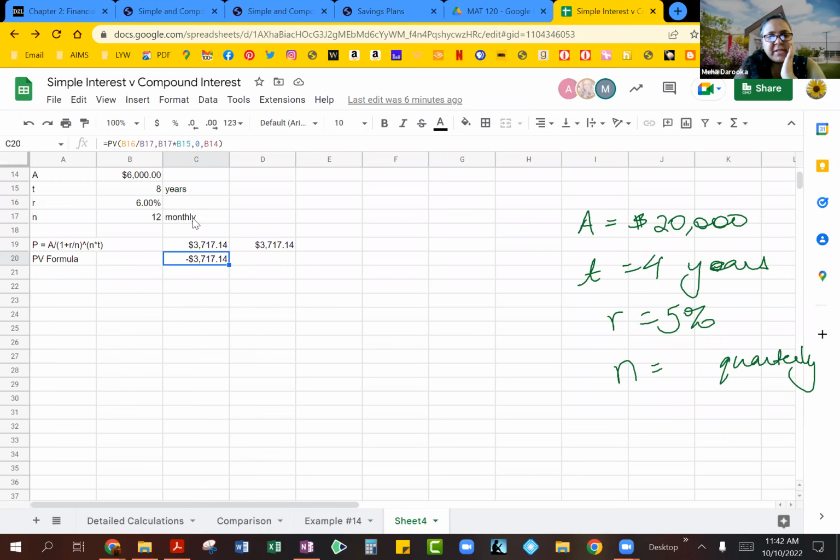Again, remember, you can use the built-in PV formula, or you can type in the answer like we did here: P equals A divided by 1 plus R over N, and then the denominator raised to the power of NT. So either one of these or the built-in formula PV, whichever one you want to use.